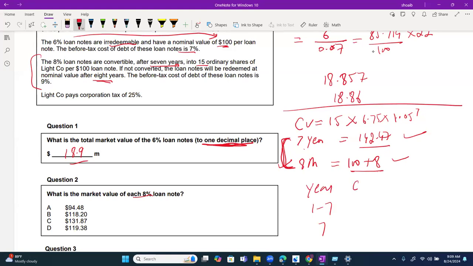Cash flows: every year you will get 8, and 142.47 at year 7.